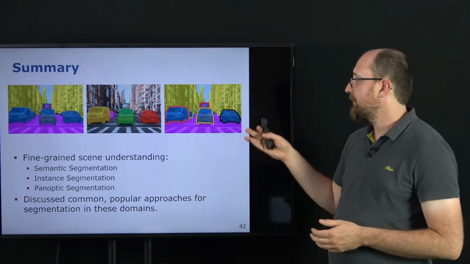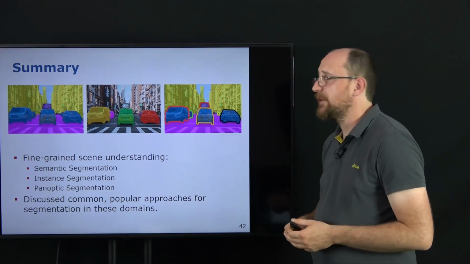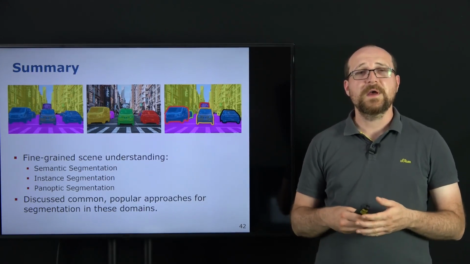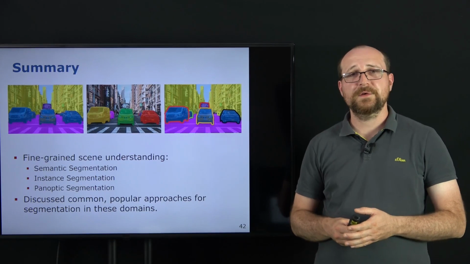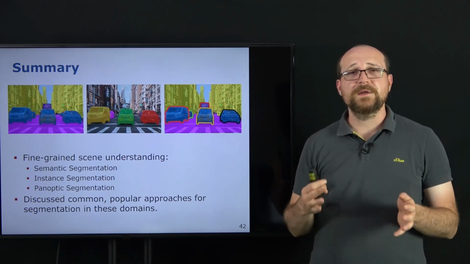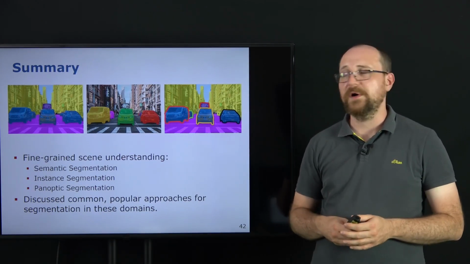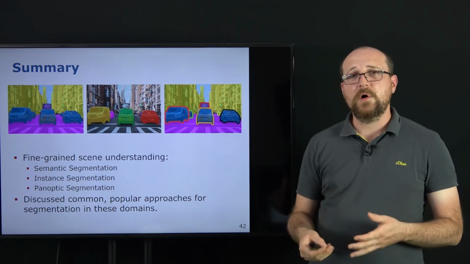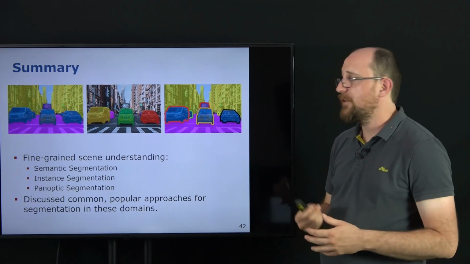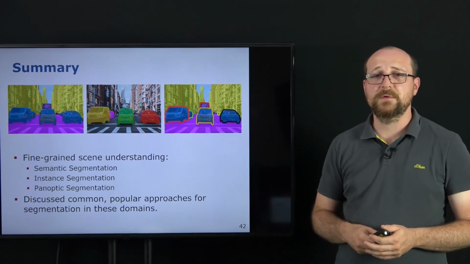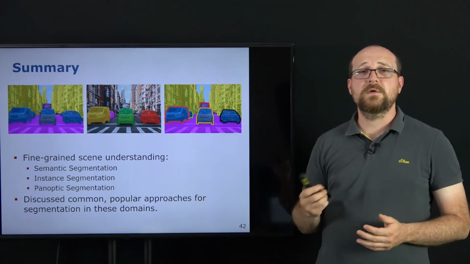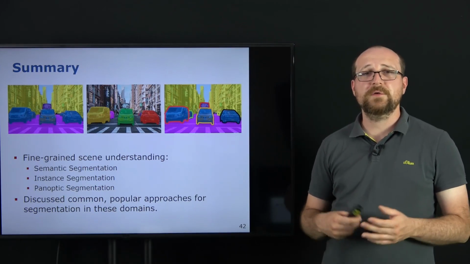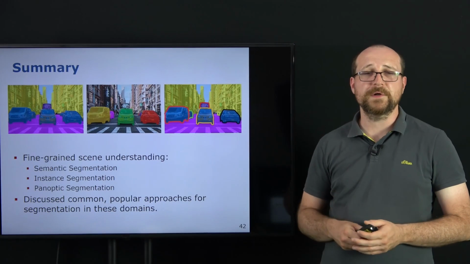And this is also something that might be relevant for autonomous driving, because it gives you an idea about where the drivable surface is and where the individual objects are that you care about, like individual cars here in this case. For all these tasks, we discussed different common and popular approaches, so that you can now go into the papers and look for more details, but also have a good overview of the related work in these areas.